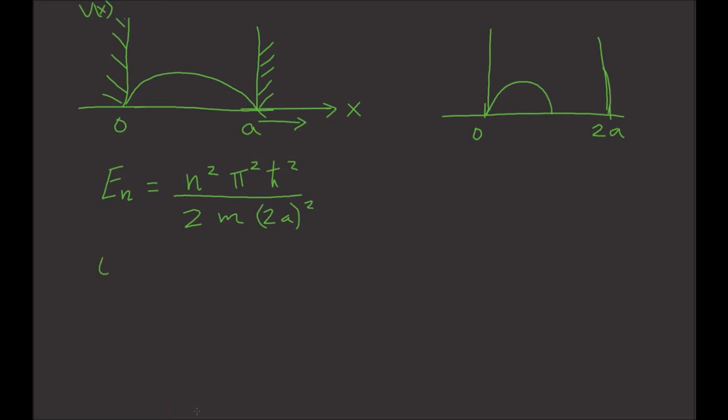And the wave function psi of x comma 0, if you recall, is equal to the square root of 2 divided by a times the sine of pi over a times x.